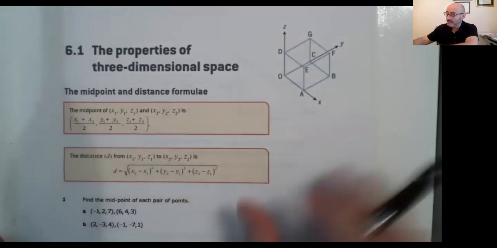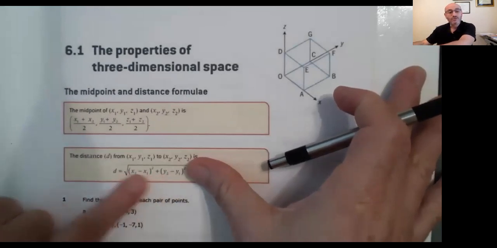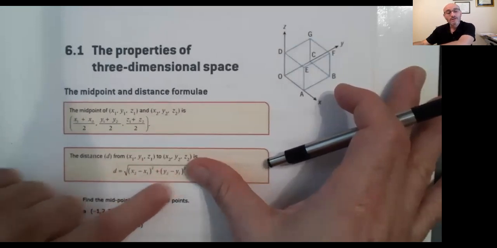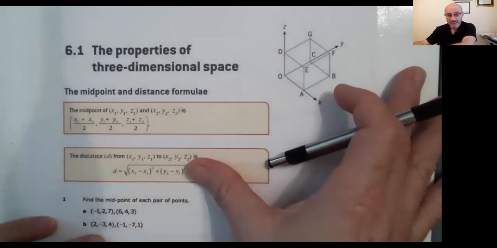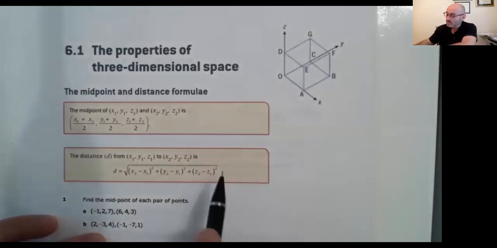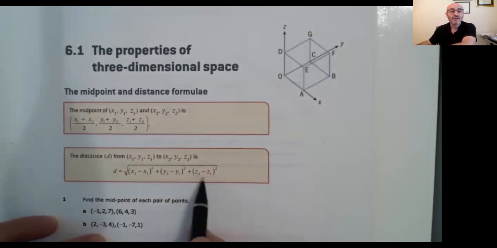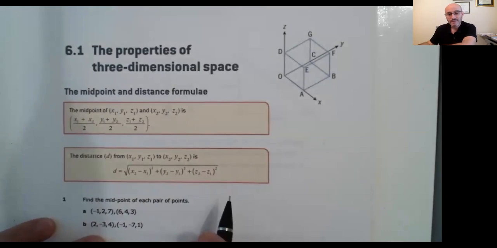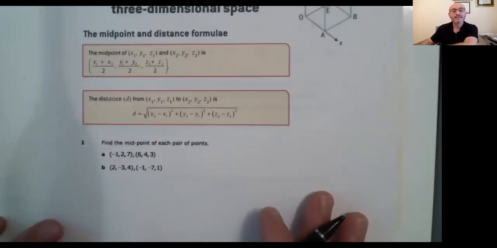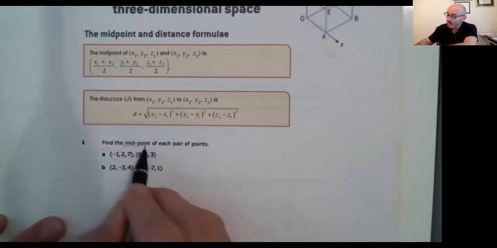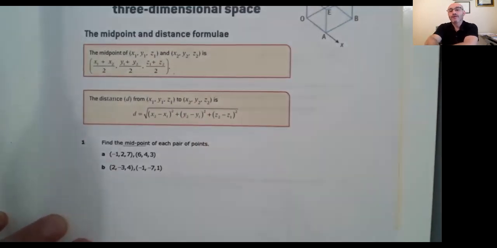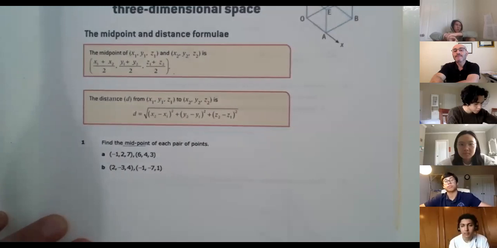For the distance in two dimensions, that's the formula: the change in X squared plus the change in Y squared, the square root of that will be the distance formula. For three dimensions, we just add one new dimension, which is the distance between the components in Z. So go ahead really quick, please, and try to find the midpoint of each of these pairs. All you gotta do is find the average between the coordinate points, okay?